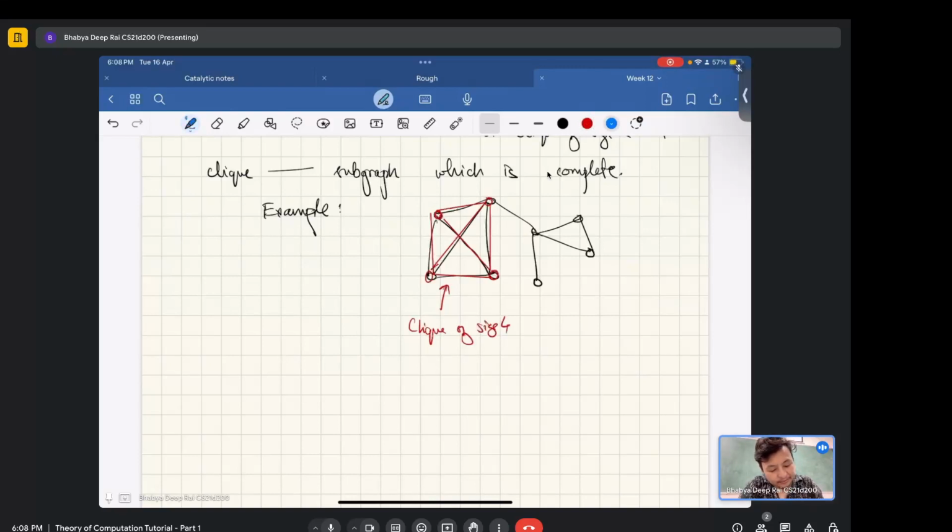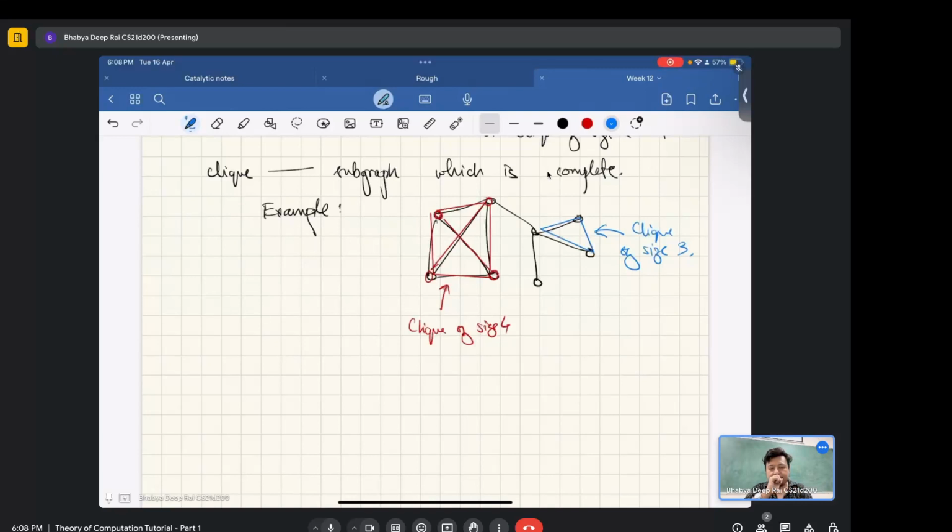Now here too we have a triangle, right? This triangle is actually called K3. If this was a graph, but it is a subgraph right now, so we shall call it a click. It is a complete graph on 3 vertices. So here we have a click of size 3.